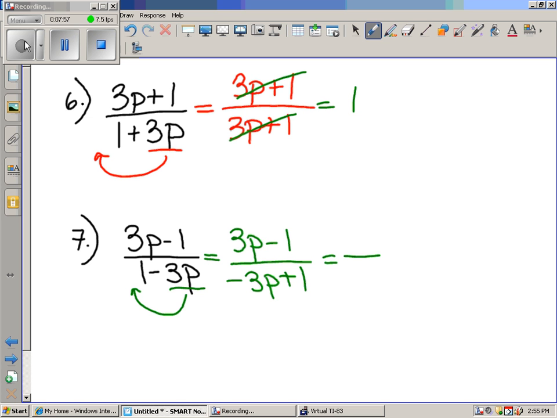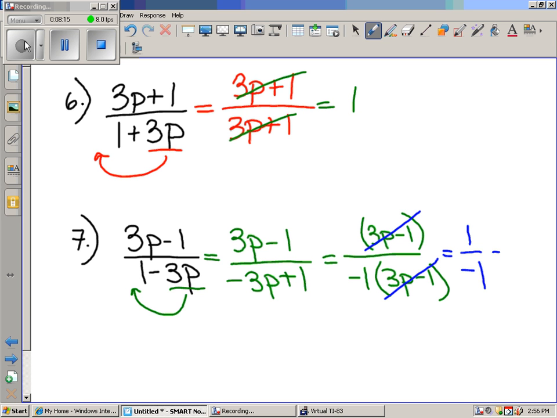Yeah, we factor out a -1 so that it will look the same as the numerator. They reduce. You're left with just 1 divided by -1, which is -1. It's perfect.